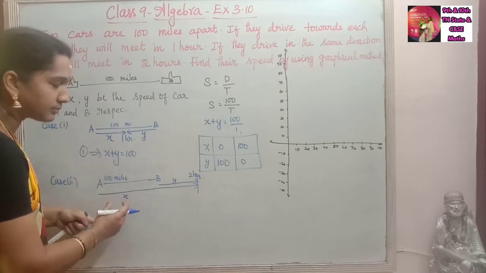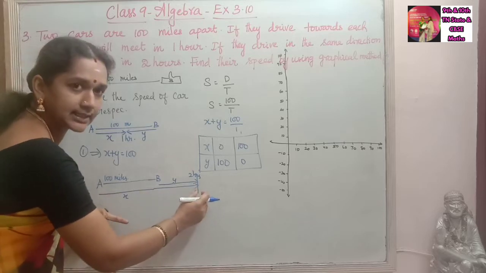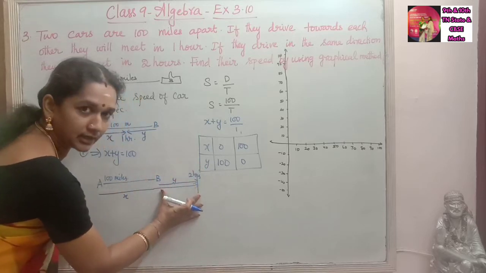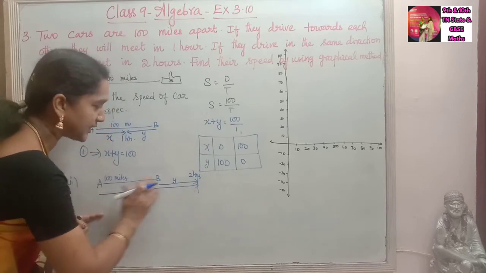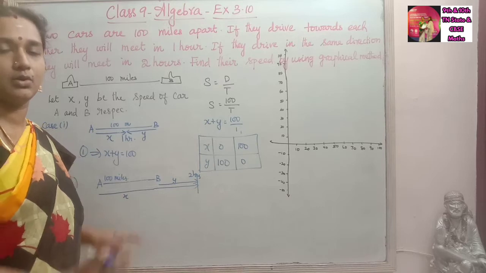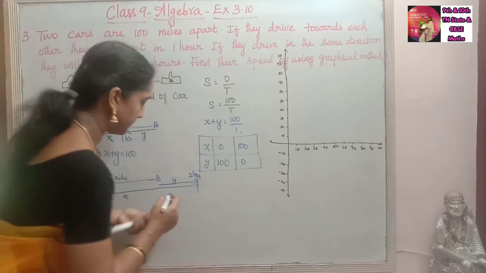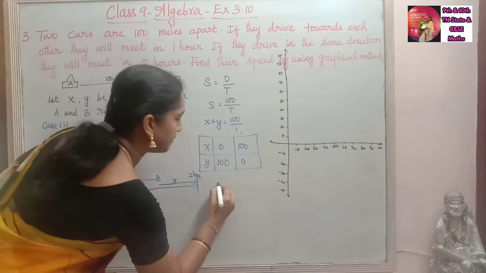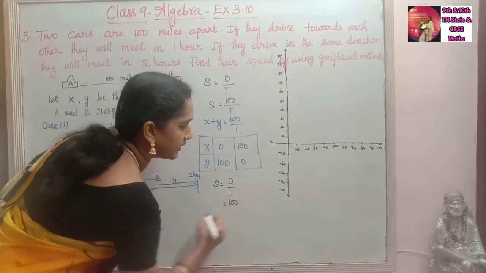Okay, so if we want to calculate the speed together, it means X minus Y. So if we subtract X minus Y, we will get the distance of 100. Whatever is given, with the help of that we are going to do. So the same thing: S is equal to D by T. Distance is given as 100.